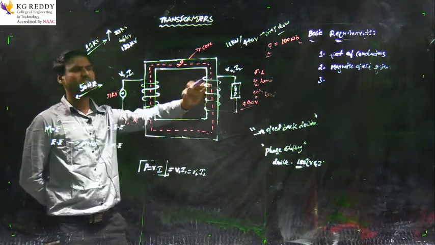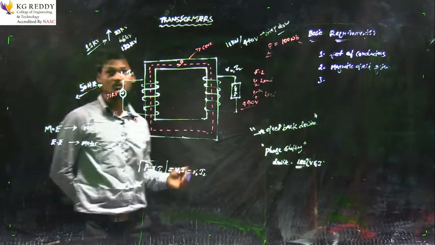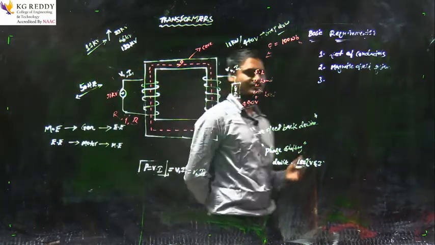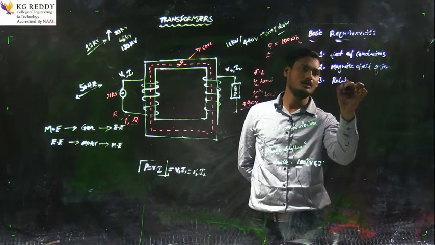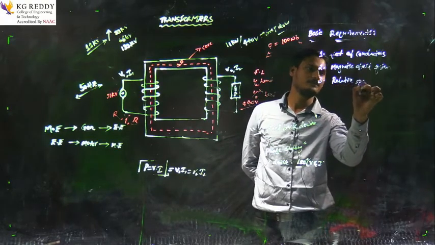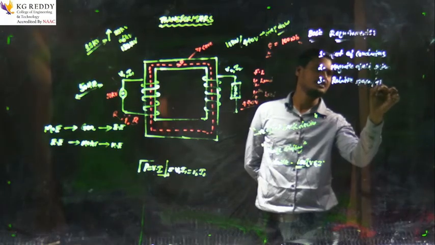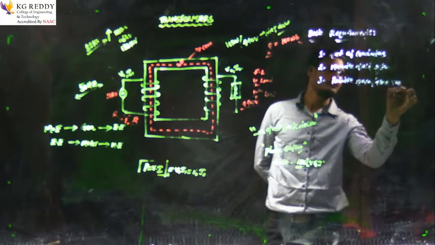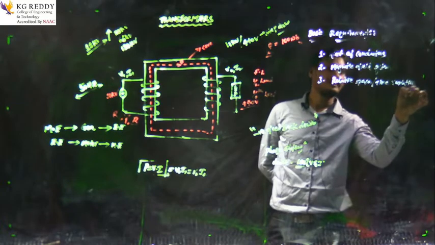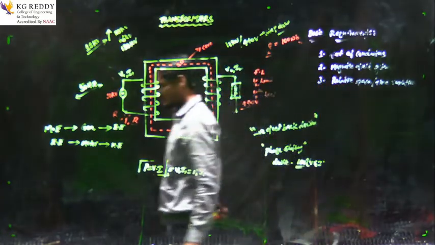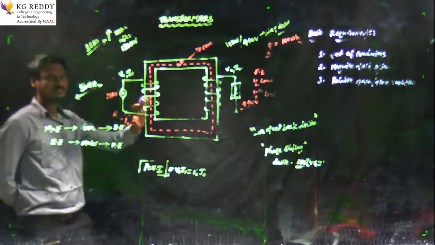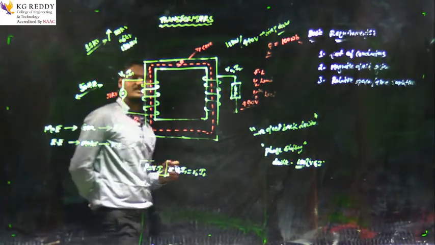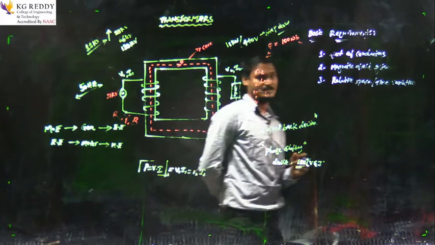The two requirements are sufficient, but what is the third one? The third one is relative space or relative time variation. With the help of these three, we can generate the induced EMF in the conductors.